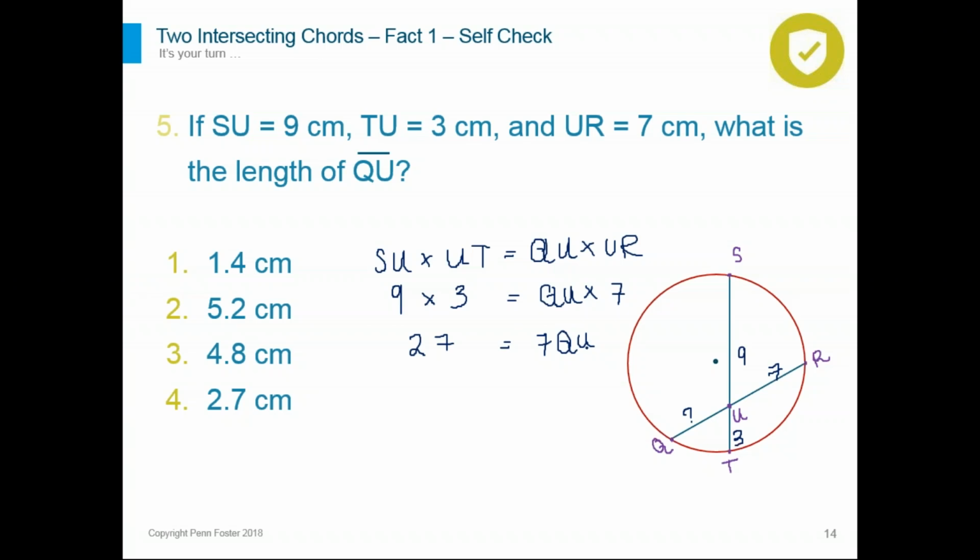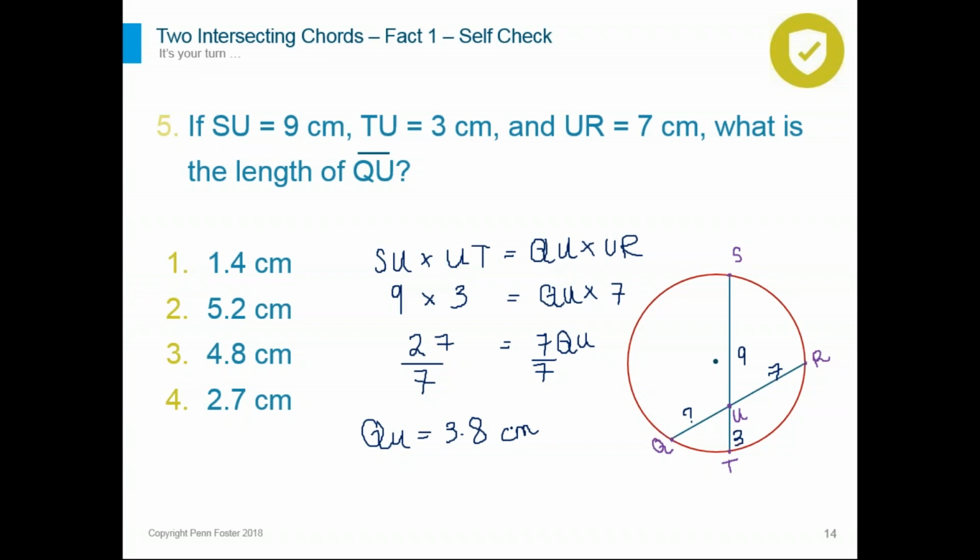Isolate the variable by dividing both sides by 7 to keep the equation balanced. 27 over 7 will give you that QU equals 3.8 centimeters.